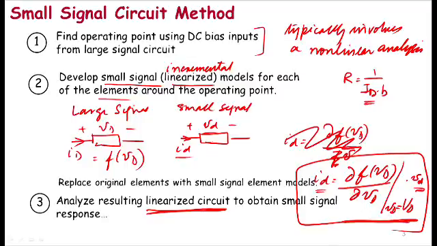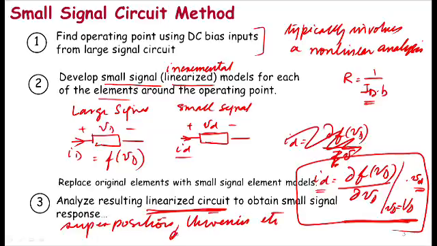And the beauty of that is you can use all kinds of linear techniques like superposition, Thevenin, etc. You can use these techniques that apply for linear circuits on these resulting circuits. Part of the reason is that for most of these elements, what you end up with are resistive elements that are linear.